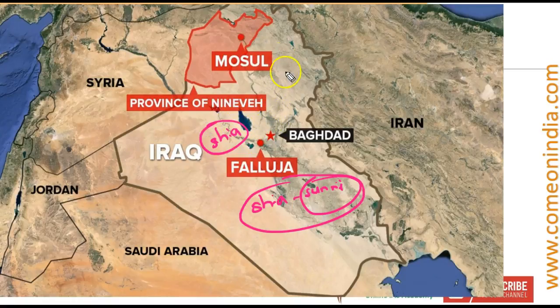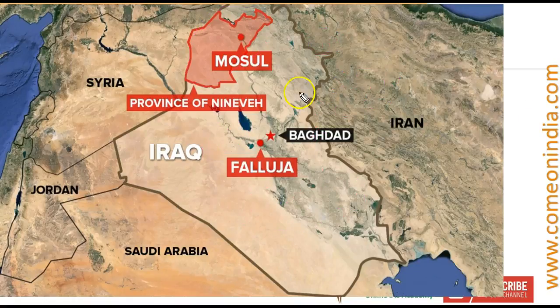So ISIS used the Sunni people's fear in Iraq and promised to establish a Sunni caliphate or kingdom.